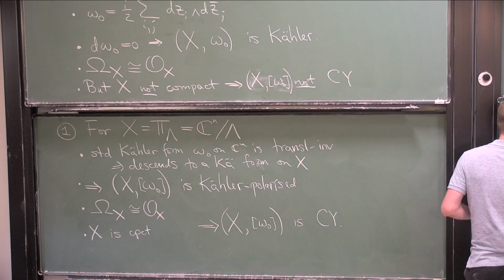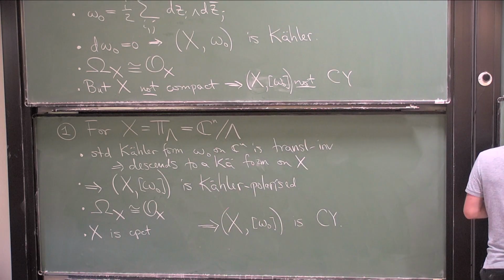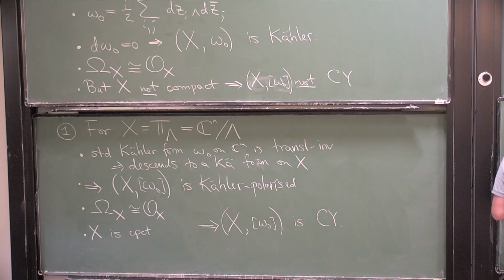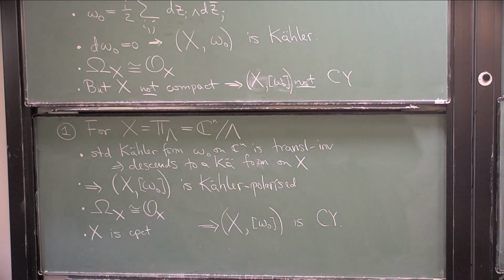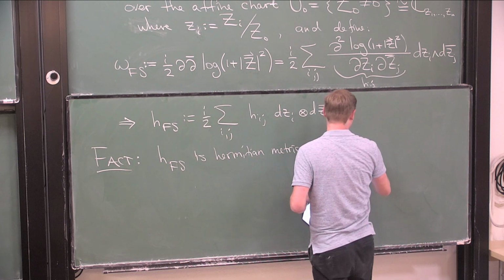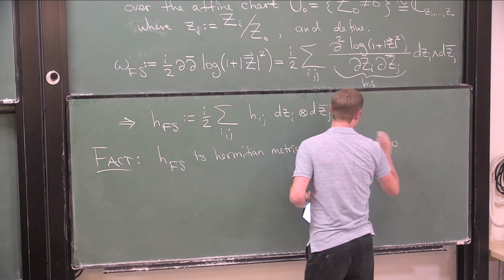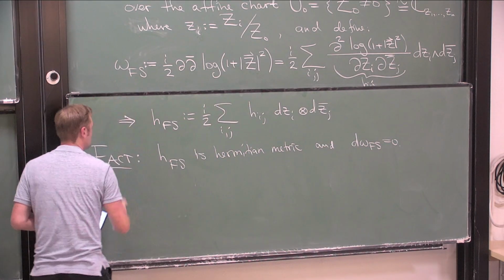And so a fact which involves calculation, not a very long calculation, but you need to do a little bit of calculation, is that this metric, defined this way, is indeed a Hermitian metric. And this 1-1 form, omega FS, is indeed closed. So this requires, as I said, a computation.